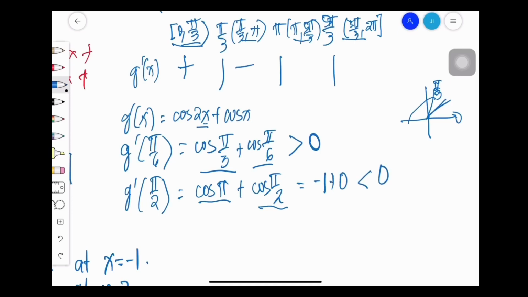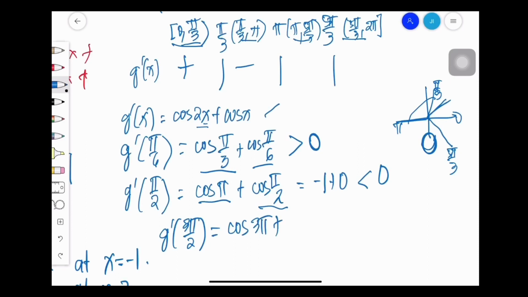Next, let's pick a number between pi and 5 pi over 3. This is pi and this is 5 pi over 3. And this special angle might be the best to use. That's 3 pi over 2. So it's g prime of 3 pi over 2. That is cosine of 2 times 3 pi over 2, which is cosine of 3 pi, right? Plus cosine of 3 pi over 2.